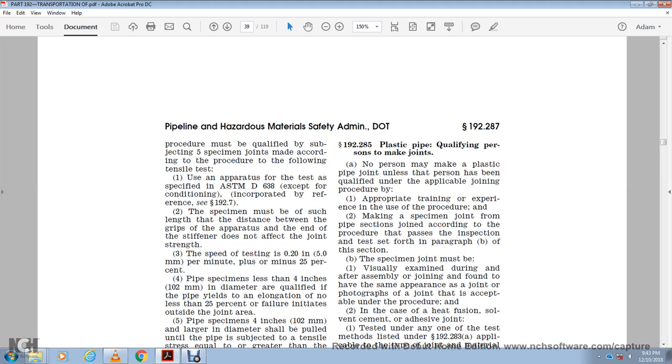Following paragraph (b), the specimen joint must be visually inspected during and after joining.